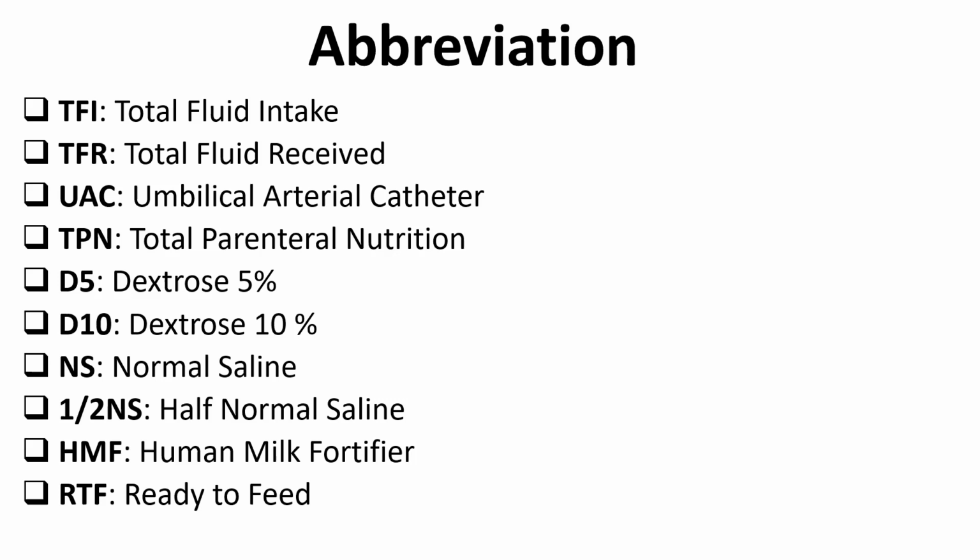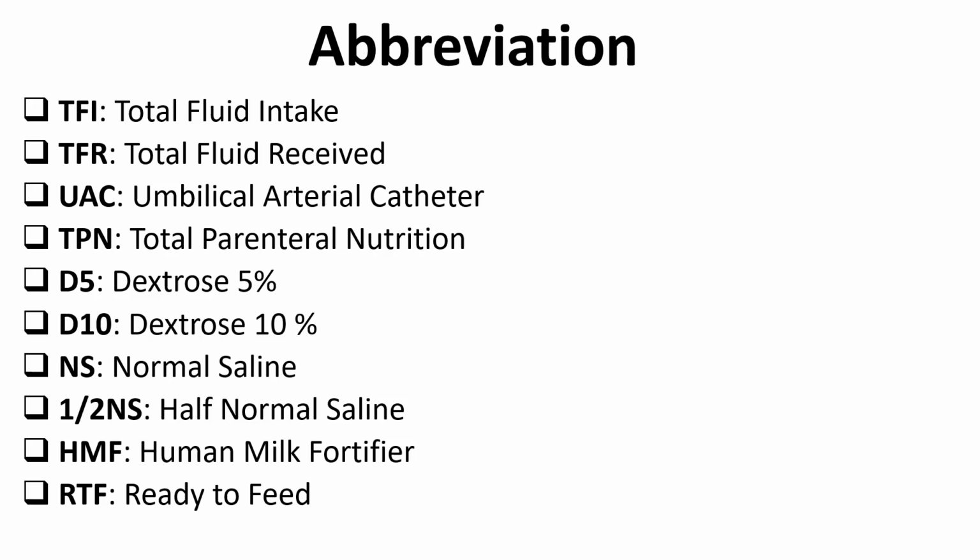So the HMF, we only add it to human milk. So we add HMF only to human milk. So if we're giving human milk and the baby is not gaining weight, we add HMF to increase the calories from 20 kilocal per 1 ounce or per 30 ml, from 20 to 22.